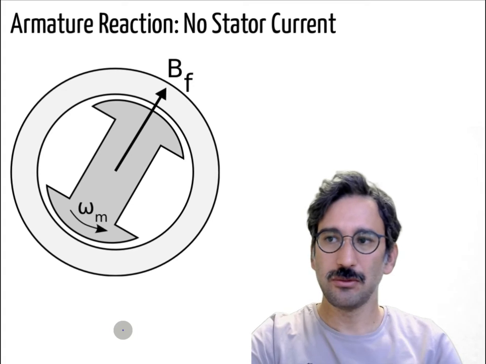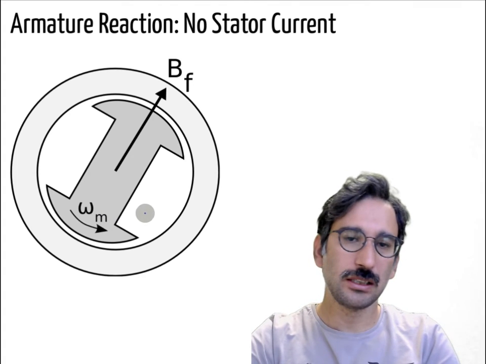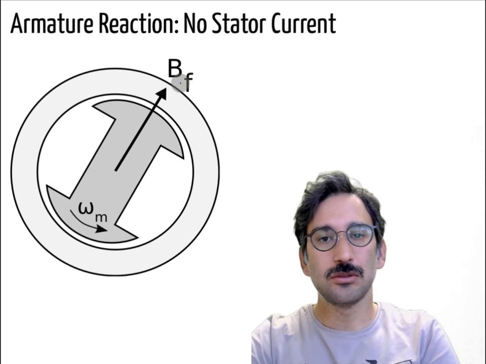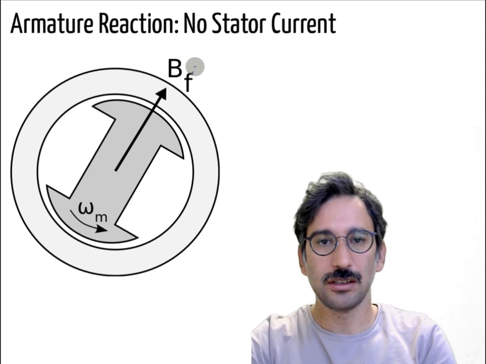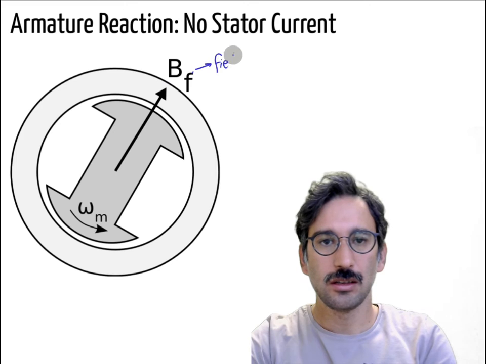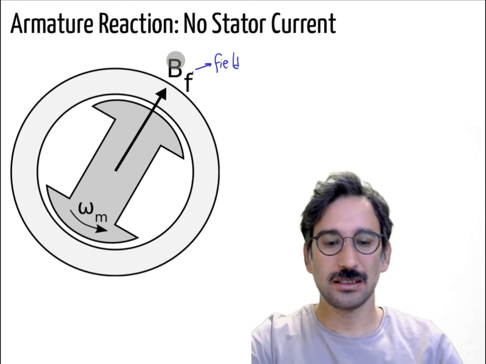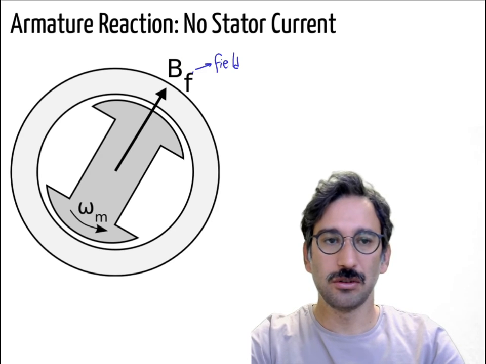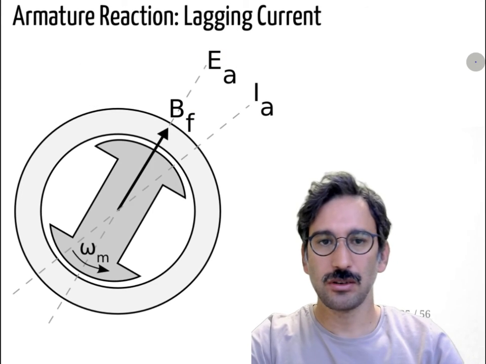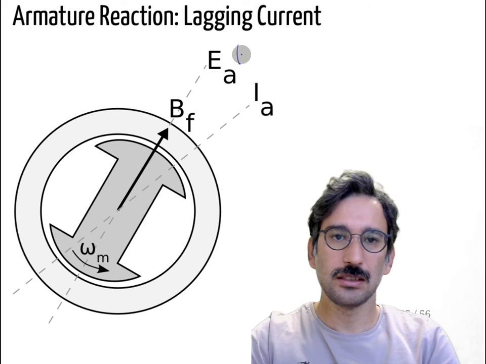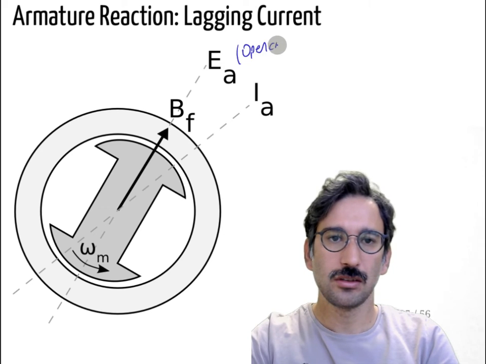That is while the motor is rotating, so you have the BF. Let me write it here, it will go down. This is the field. Again, B is for the flux density, or you can take the normal flux. Then you have the EA, which is, let's say, the open circuit voltage.